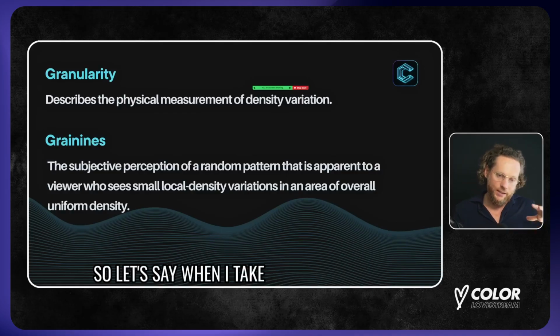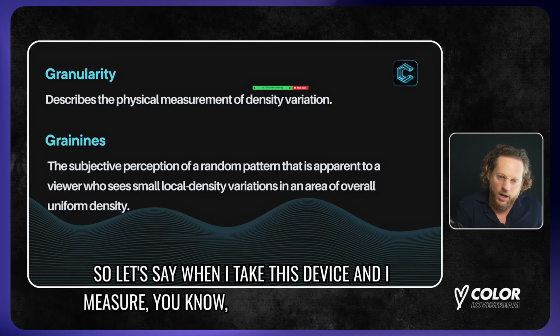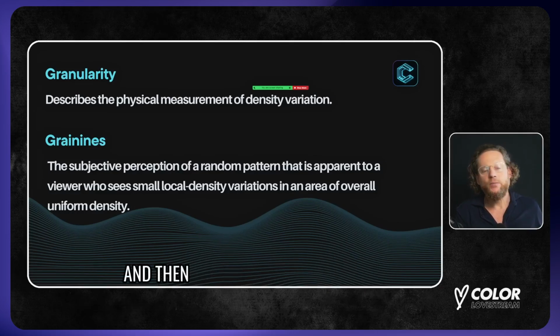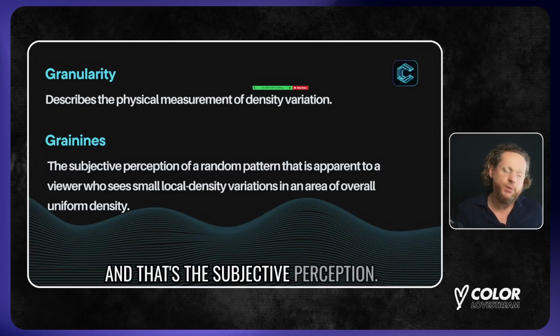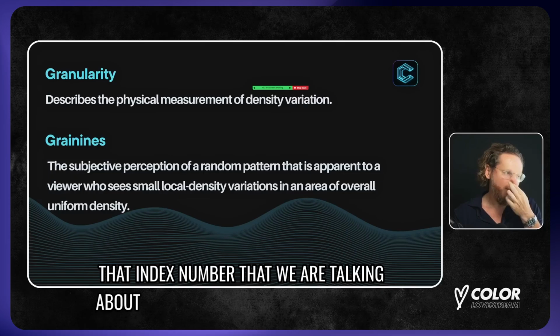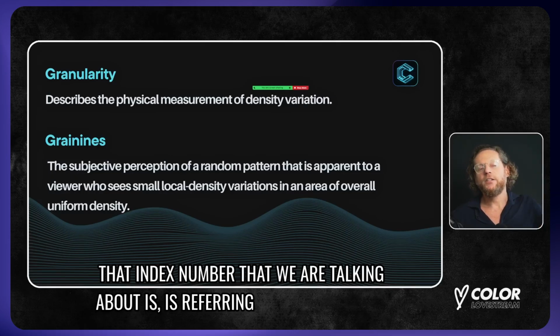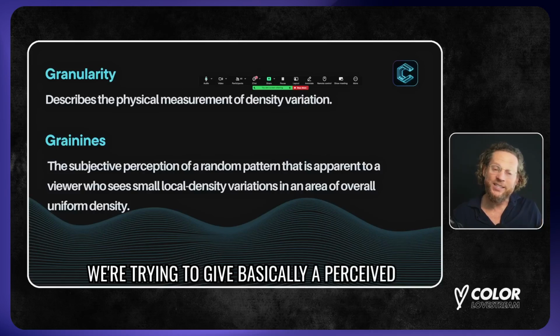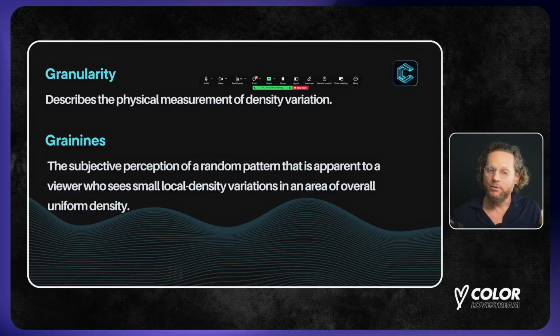So when I take this device and measure how much grain there is, it's called granularity, okay? And then we have graininess, and that's the subjective perception. That index number we are talking about is referring to the graininess. We're trying to give basically a perceived value to the viewer.